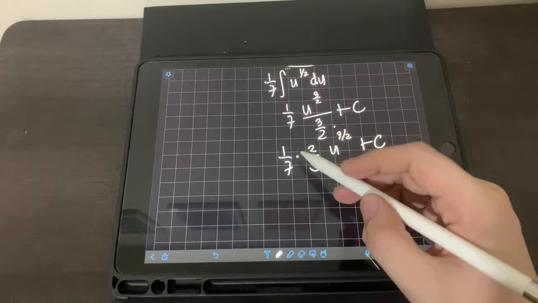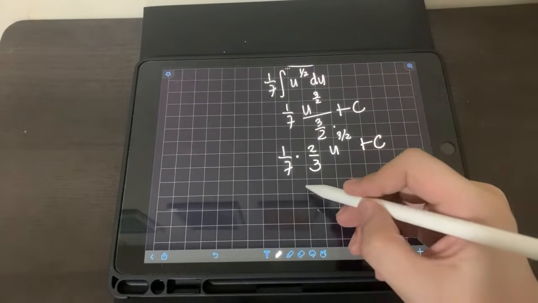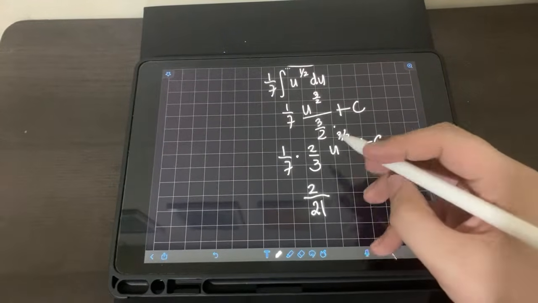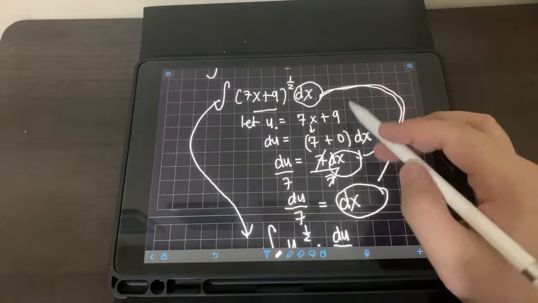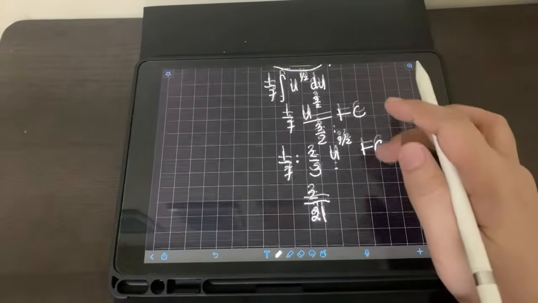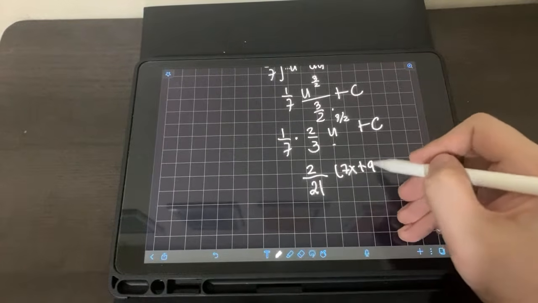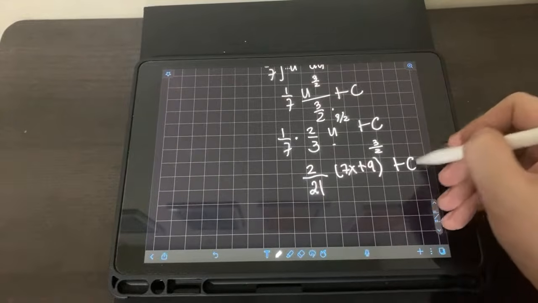Okay, and then, multiply 1/7 times 2/3. 2 over 21. And then, you can transform back the u in terms of x. It's 7x plus 9. So, 7x plus 9 raised to 3 halves plus c.